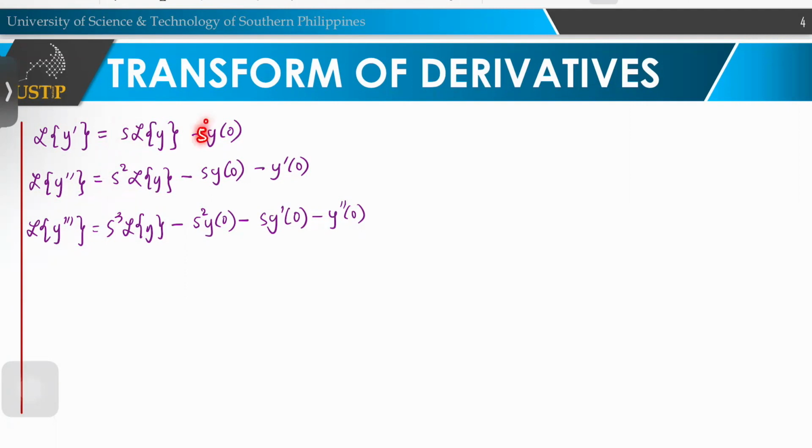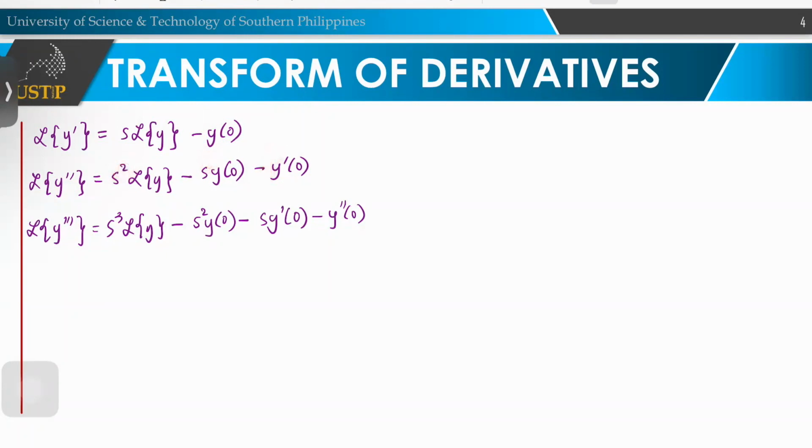So for y, as we go to the next term, class, the s here is actually s of 0, so that is 1. Per Laplace transform, the exponent of s decreases. So this is s of 0 multiplied by y of 0. Here in y double prime we have s squared, then s to the 1, then s to the 0.